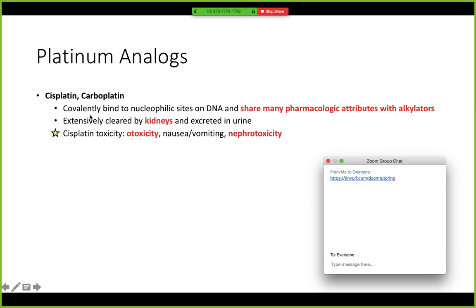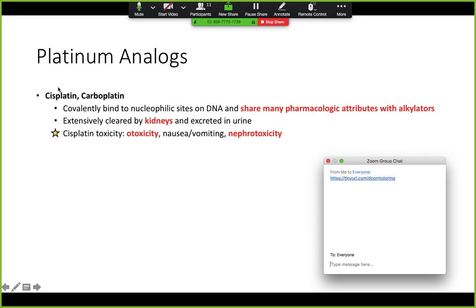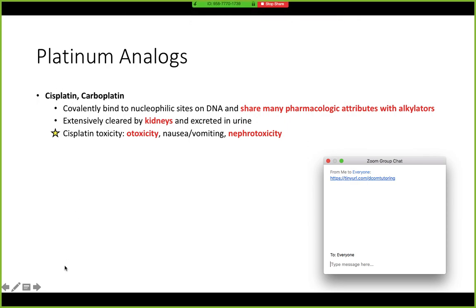So cisplatin is very ototoxic and nephrotoxic. In Chemo Boy, that's going to be your ears and your kidneys. And also know that cisplatin is highly emetogenic.